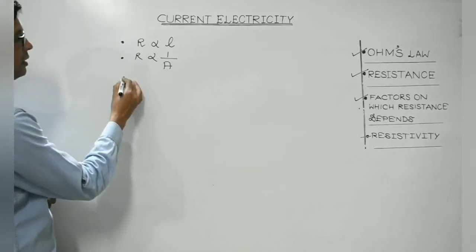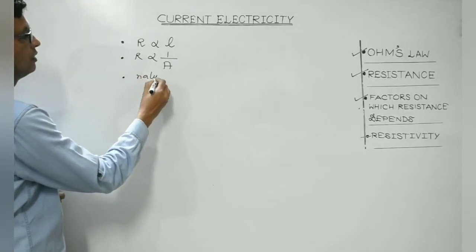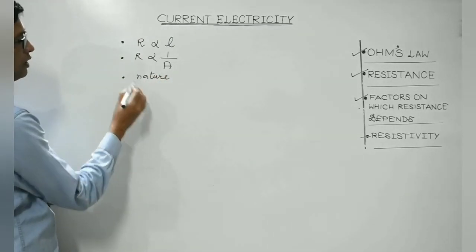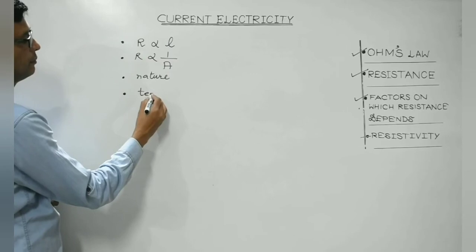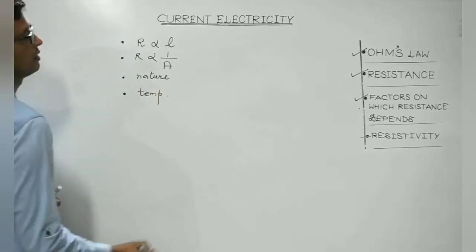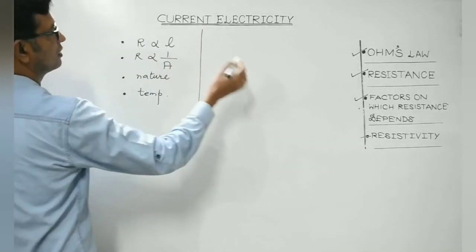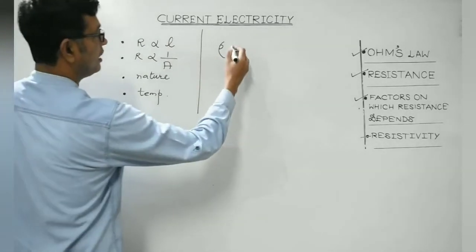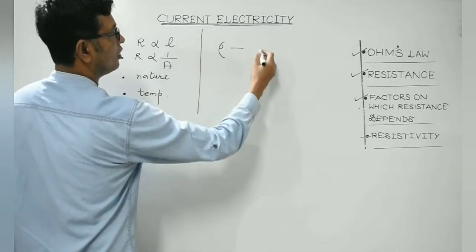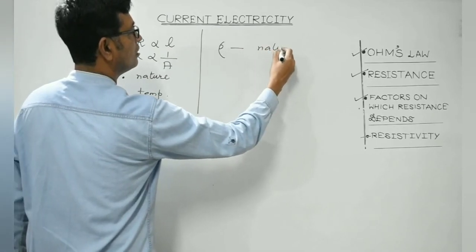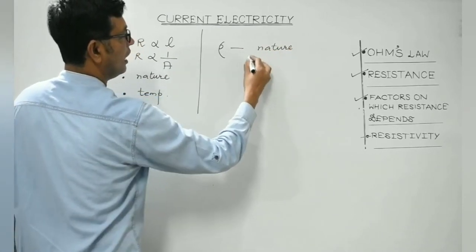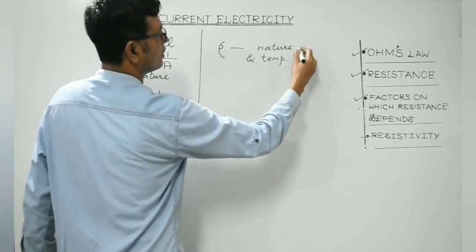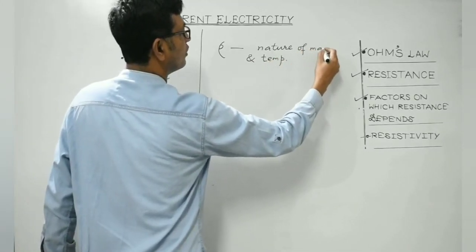And it depends upon the nature of the material of the substance. It also depends upon temperature. Right? This is resistance. While resistivity depends only on nature and temperature. Nature of the substance, nature of the material of the body.